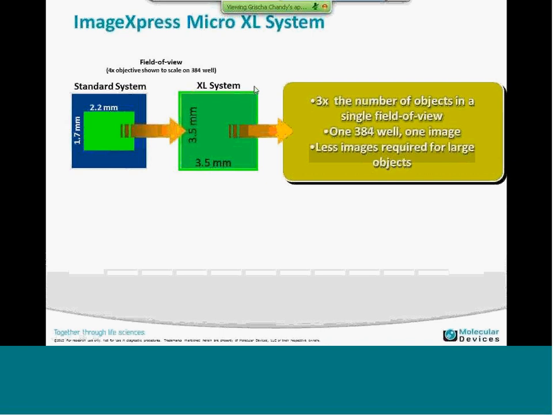With the new XL, the lighting was changed and the detector was changed so that with a 4x objective you can capture more than a 384 well. If you want low resolution, you can get one well in a single image, and for large objects or high resolution you can collect multiple images for those assays.